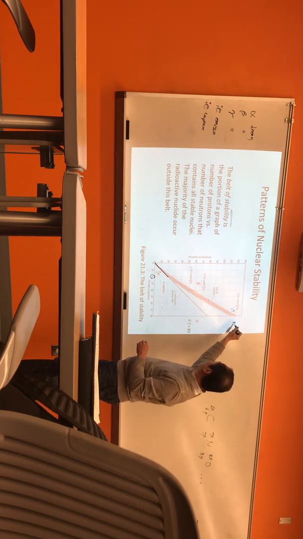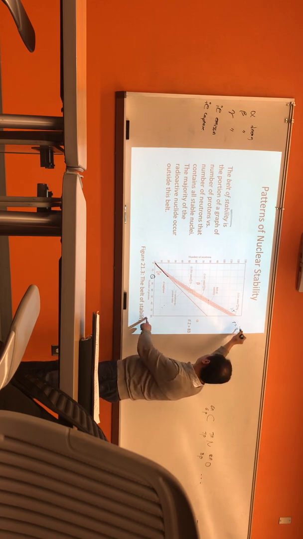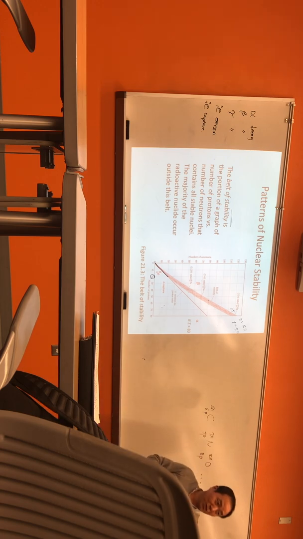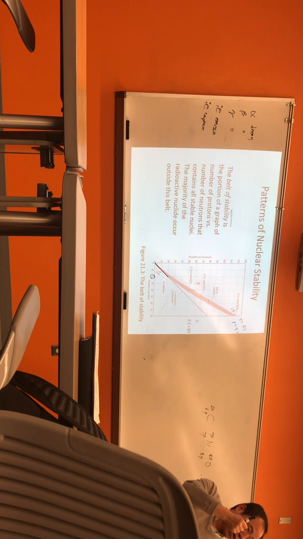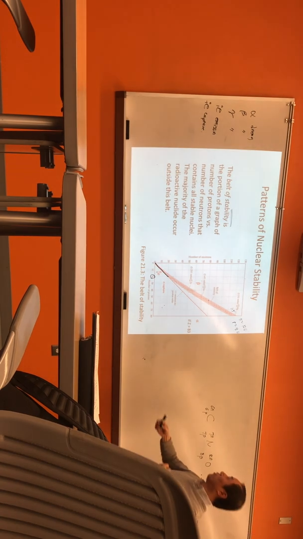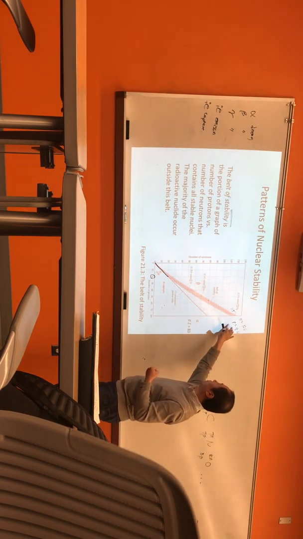That means if you have 80 protons, you need 120 neutrons to make a stable nucleus. Okay? So neutrons work as glue. Because protons have positive charge, they do not come together. You need glue, and that's the neutron. So the more protons you have, the more neutrons you need.